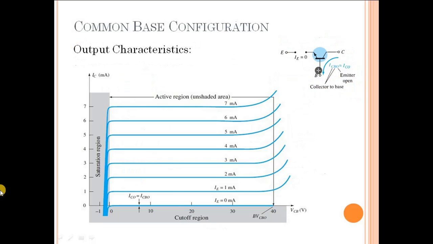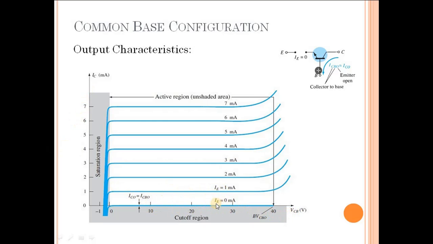A typical output characteristics of a BJT configured in common base configuration will look somewhat like these characteristics. This is exactly what I was saying: the output characteristic shows how the output current IC varies with the output voltage VCB for different values of IE.